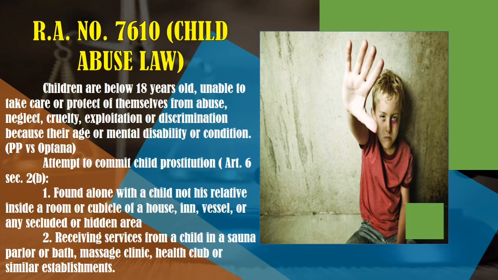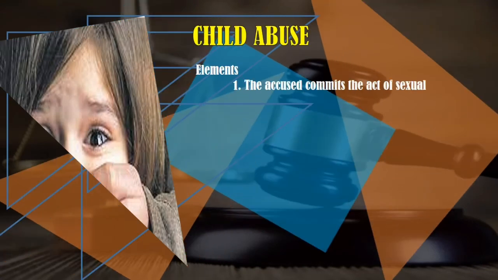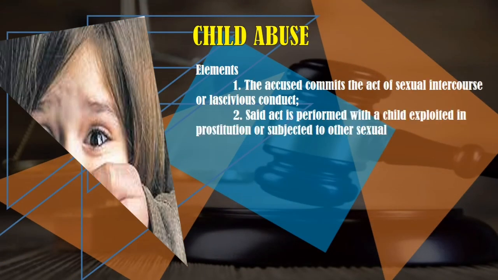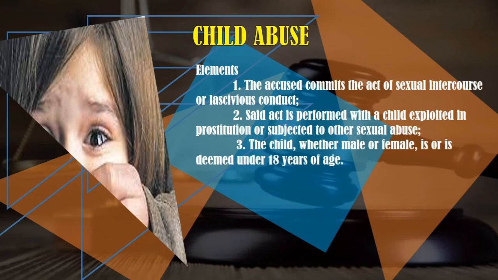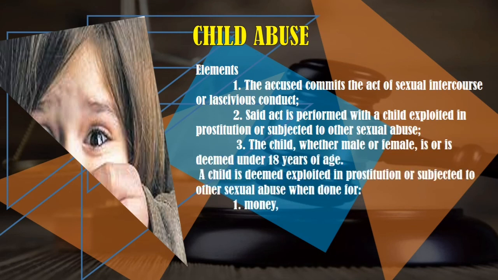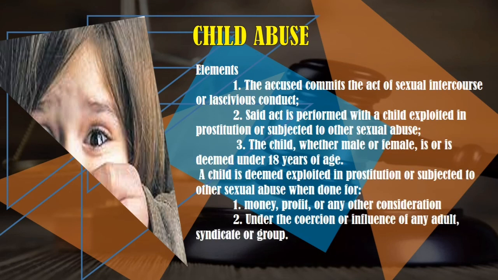So what are the elements of child abuse? One, the accused commits the act of sexual intercourse or some lascivious conduct. Two, said act is performed with a child exploited in prostitution or subjected to other sexual abuse. Third, the child, whether male or female, is or is deemed under 18 years of age.